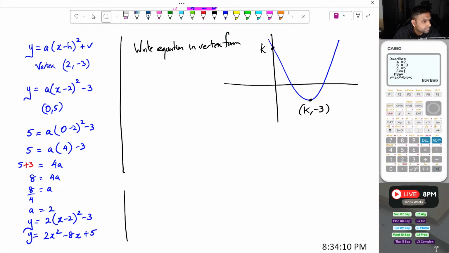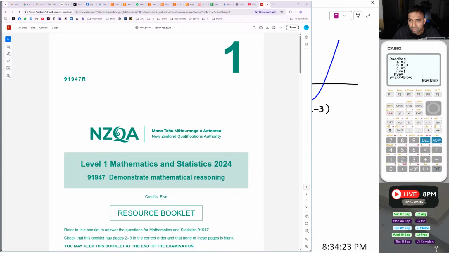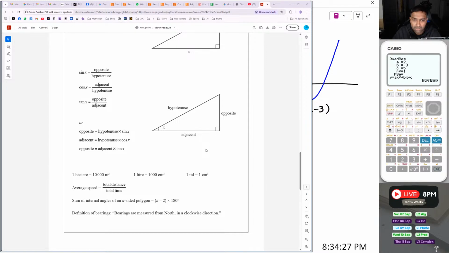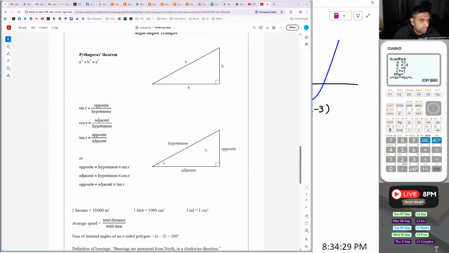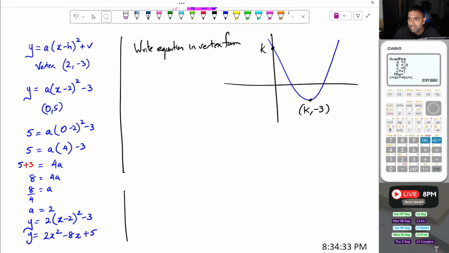The formula resource booklet. So this is pretty much the formula sheet you get. You get all of this, that's it. No, so you don't get anything to do with parabolas. So that stuff you've got to remember by yourself.